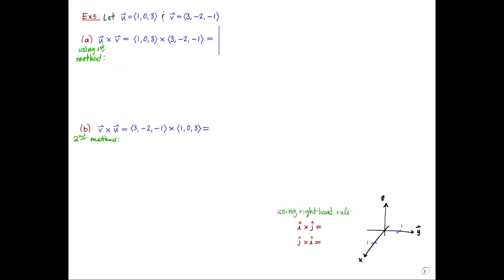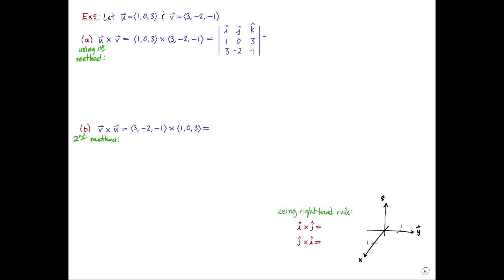The top row will always be I, J, K. The second row will always be whichever vector comes first in the order of the cross product. So we want to copy down u equal to 1, 0, 3. The bottom line of our matrix will be the remaining vector, 3, negative 2, negative 1.